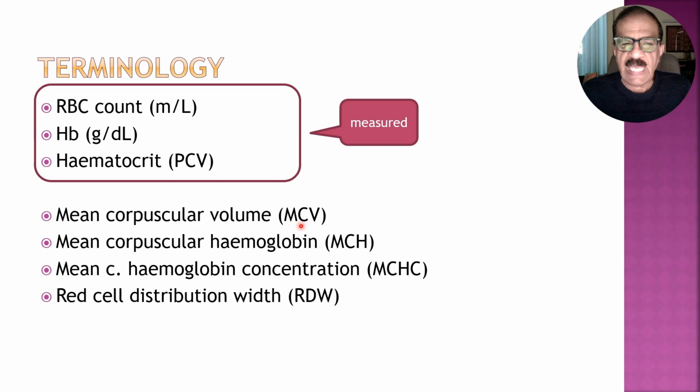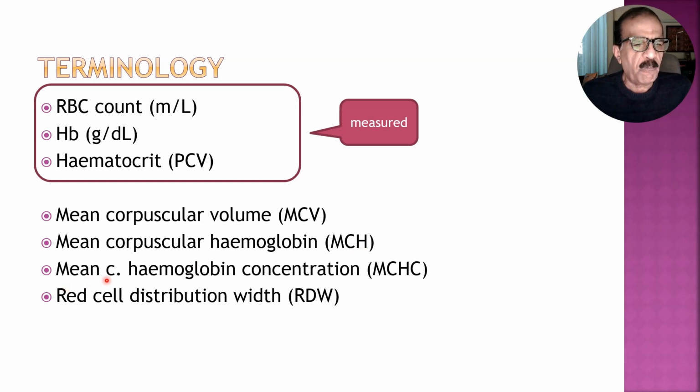The machine will calculate it for you and will give you the average cell volume. And mean corpuscular hemoglobin, this is the average amount of hemoglobin in every cell. So the total amount of hemoglobin or hematocrit divided by the number of cells will give you MCH. You don't have to do it yourself. The machine will do it for you.